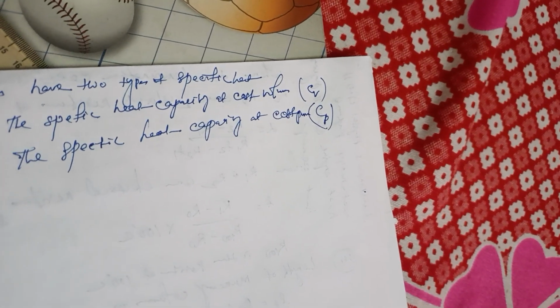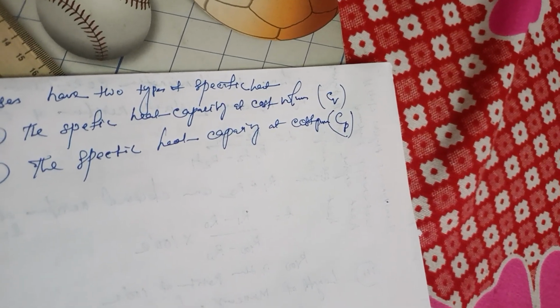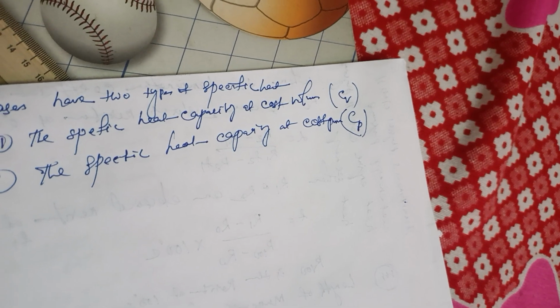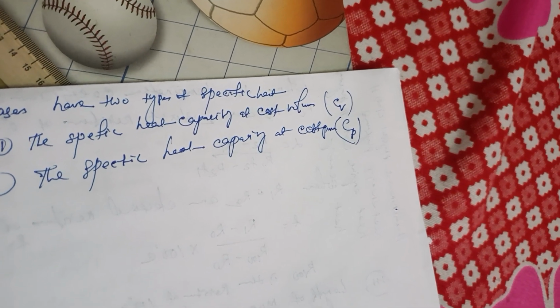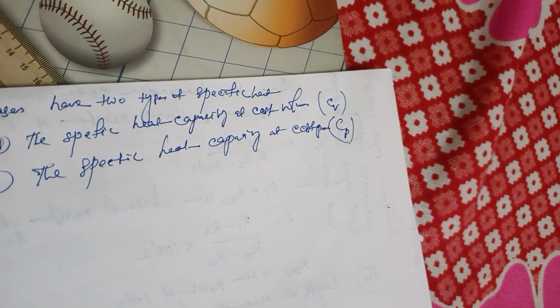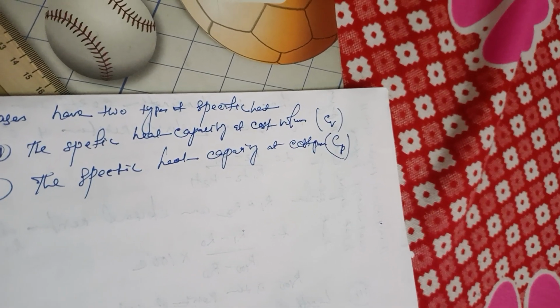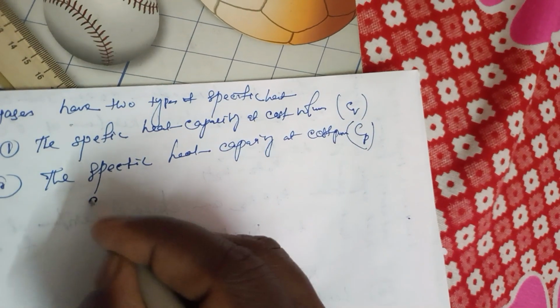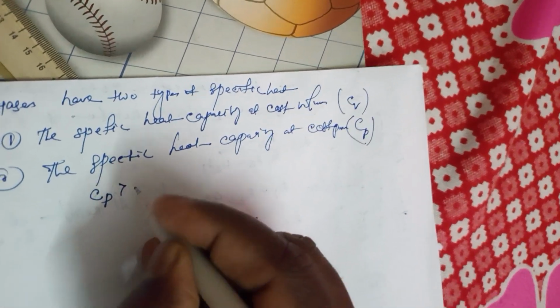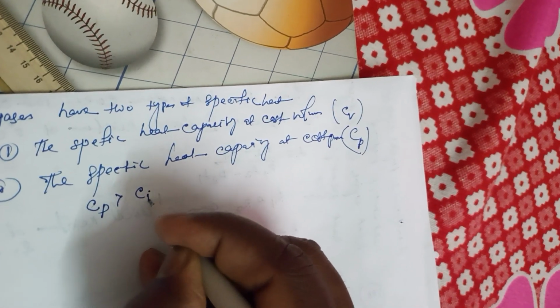Specific heat at constant pressure Cp is greater than specific heat at constant volume Cv. Cp greater than Cv.